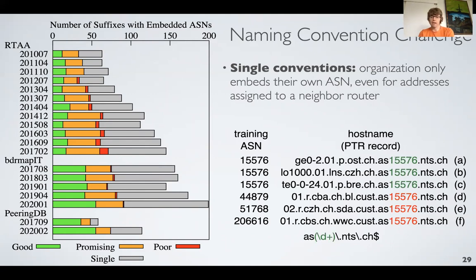Hostnames D, E, and F, we can clearly see are assigned to customer routers. The operator of NTS is identifying that as such in the hostname record. And this makes up roughly half of the networks that embed an AS in a hostname string. So this is an important case to filter out.